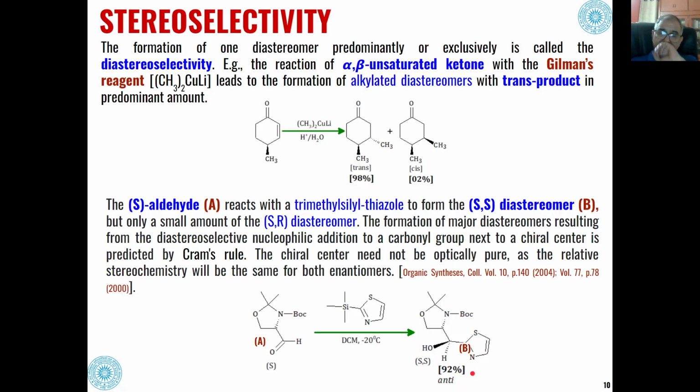And the formation of this diastereomer in major amount again gives us an idea that this reaction is an example of a stereoselective reaction, where one of the stereoisomers is formed in more amount as compared to the other stereoisomer.